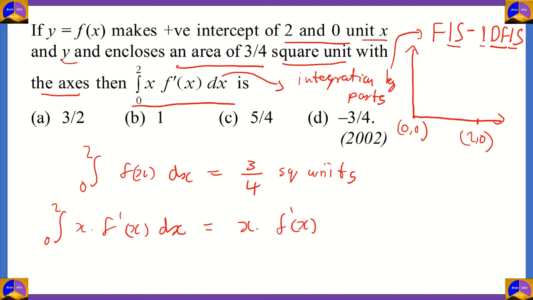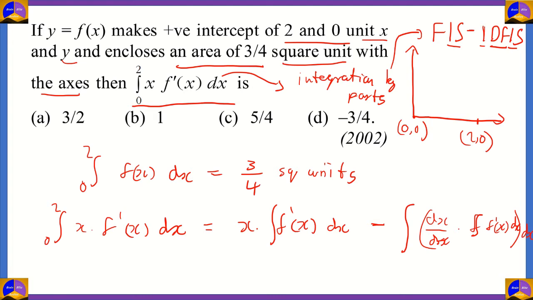So that is integral f dash x dx, and then minus the huge integral. Then we write the derivative of the first function times the integral of the second function, that is f dash x dx, and then put this in a bracket and write a dx for the larger integral.